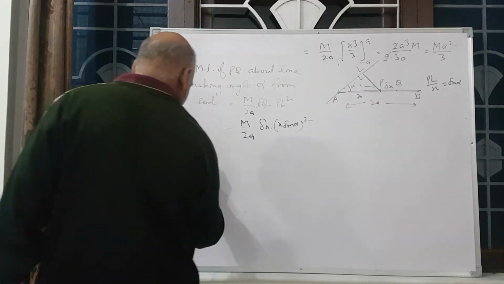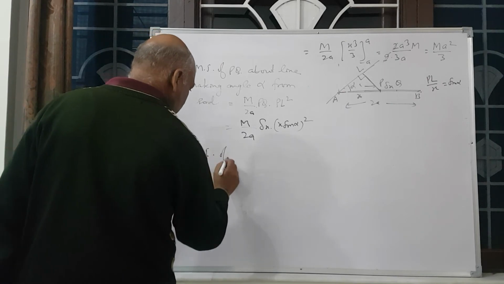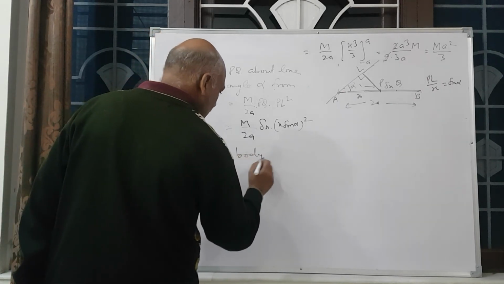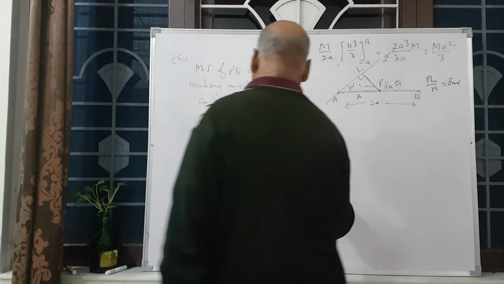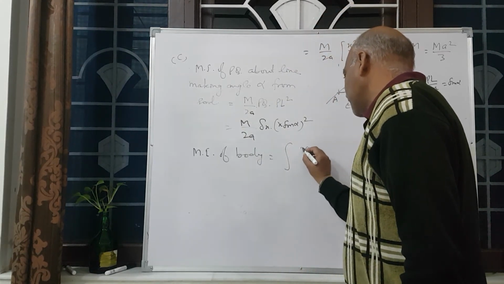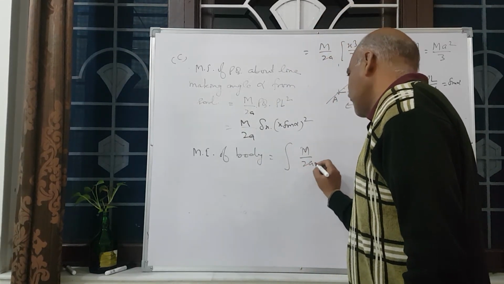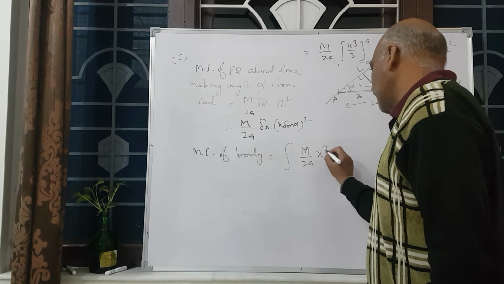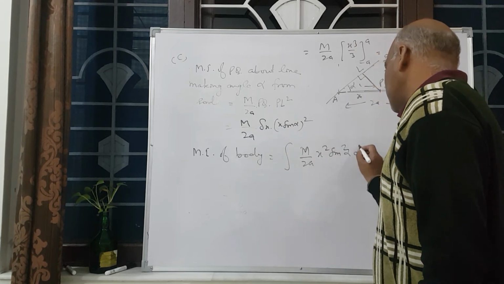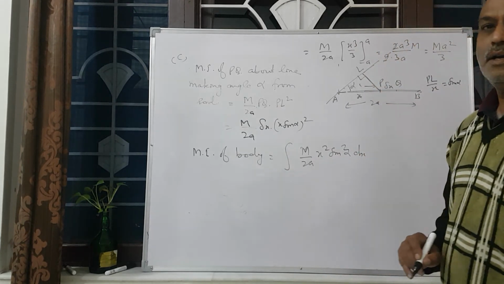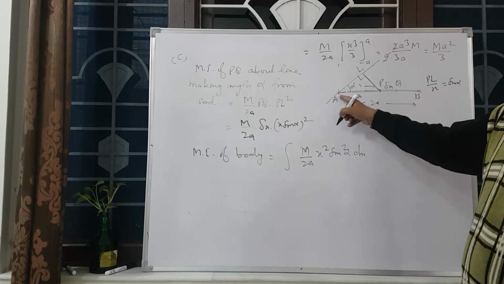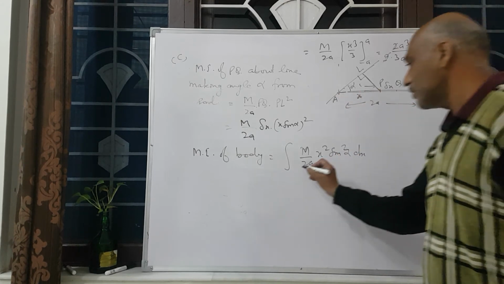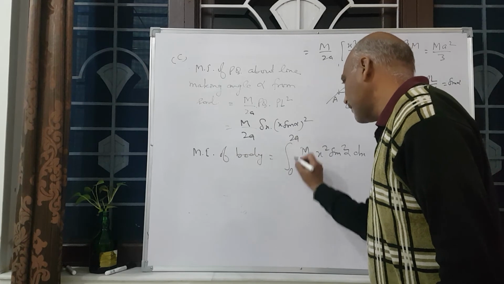So the moment of inertia of the body is the integral of m upon 2a x square sine square alpha dx, and x varies from 0 to 2a.